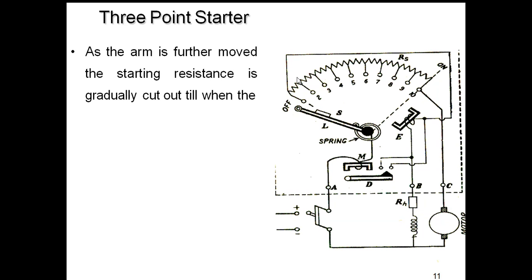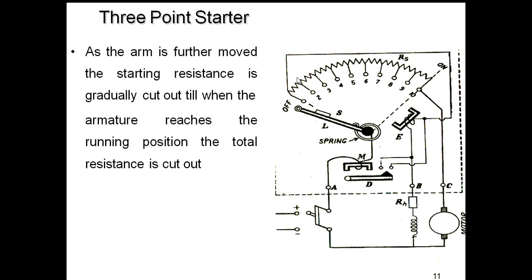As the arm L is further moved, this starting resistance is gradually cut out till the armature reaches the running position.